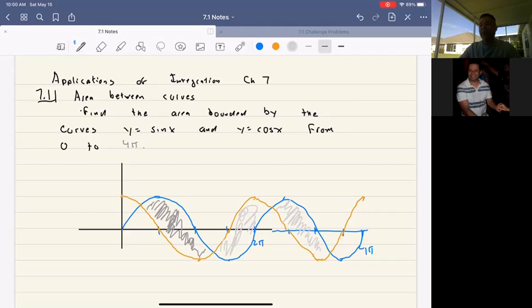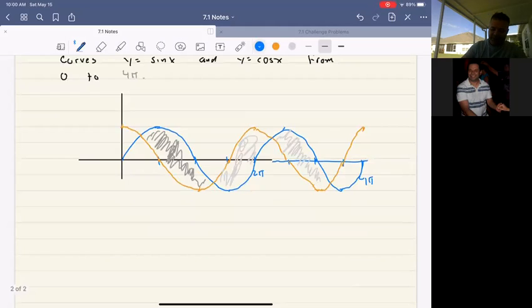We are going to write down what the integrals are, though. Here, we know when sine and cosine of x are equal. They're equal at pi over 4, 5 pi over 4, and then again. This is pi over 4, that's where they're equal.